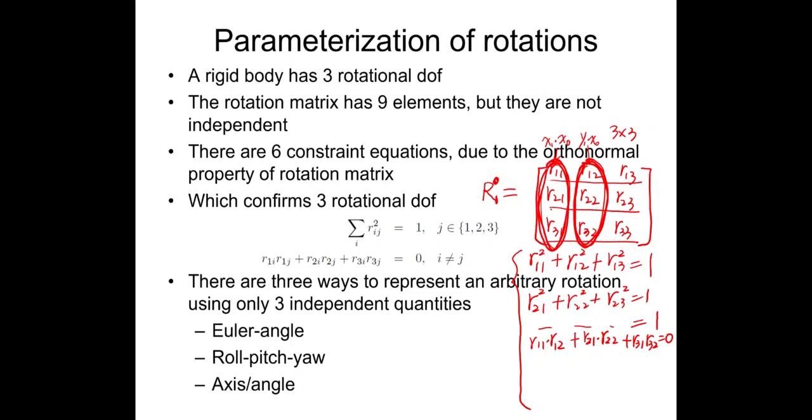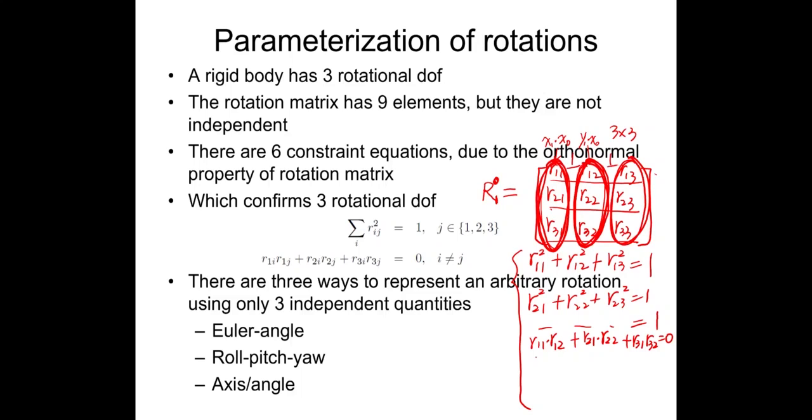Okay, and also the first column and the third column are orthogonal too, meaning these two vectors are perpendicular to each other. And also the second column and the third column are perpendicular to each other, okay?